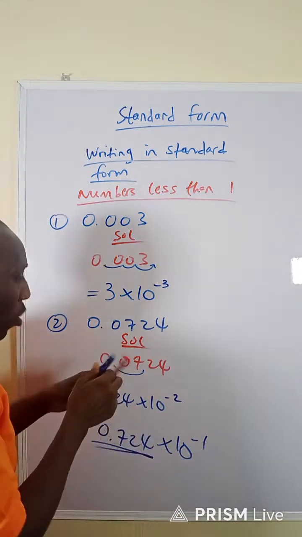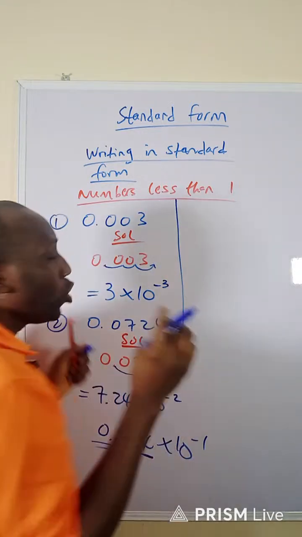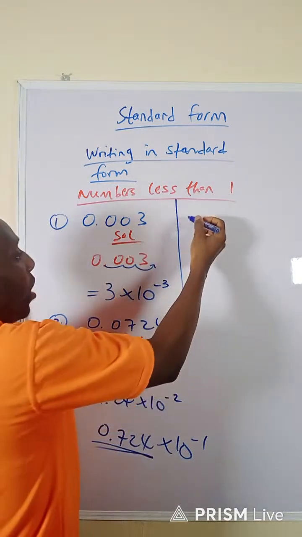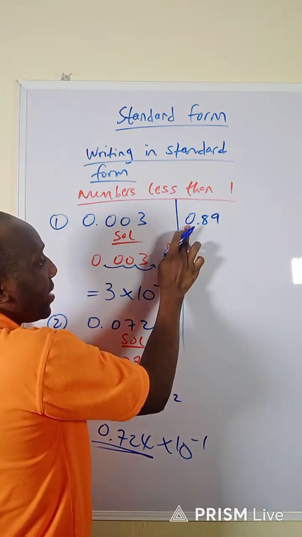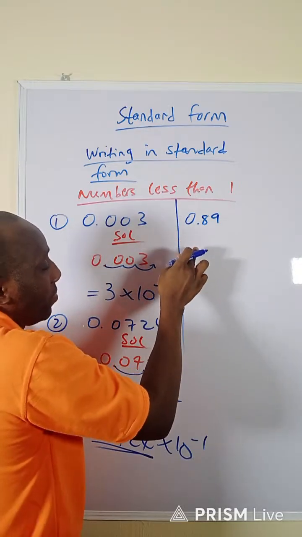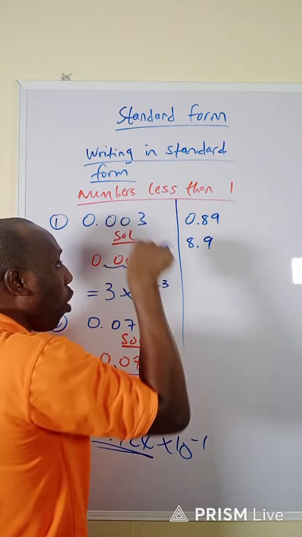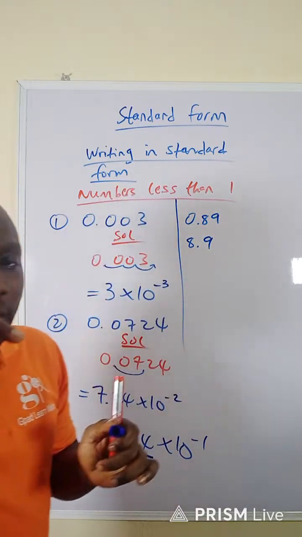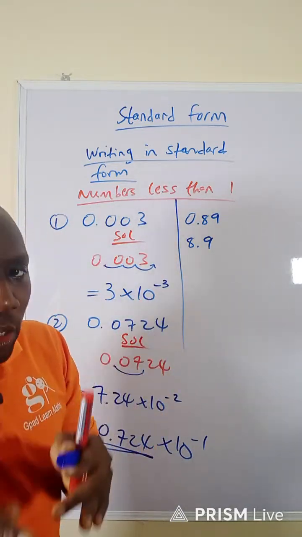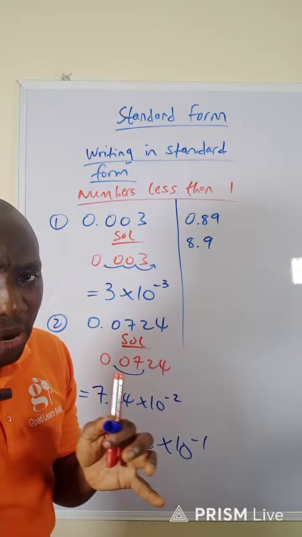I've said a lot of things. I hope you understand what that means. Non-zero means it should not be 0. So you should not have 0.89 because this 0 is 0. So it has to be 8.9. You have a non-zero singular digit in the whole number part.